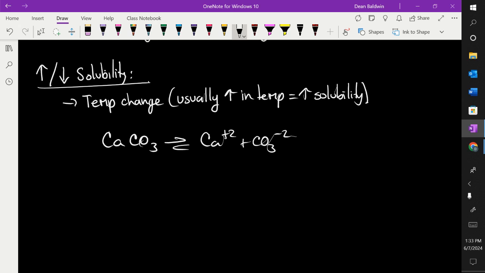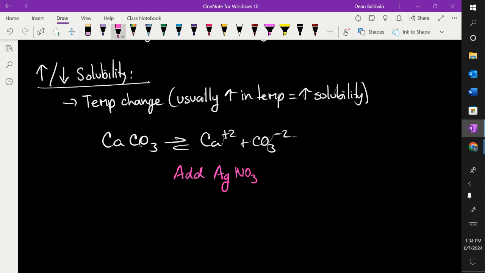If we have calcium carbonate and I decide to add some silver nitrate to the solution, what is going to happen? First of all, does the nitrate do anything? No, it's always a spectator.